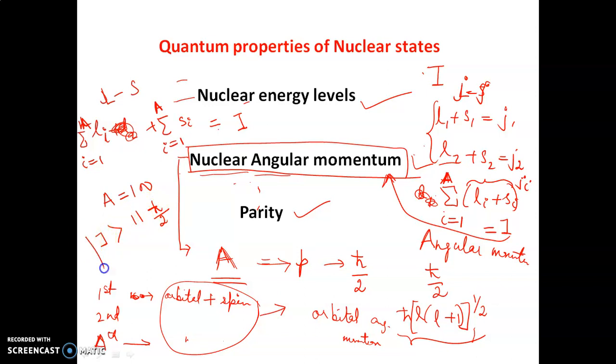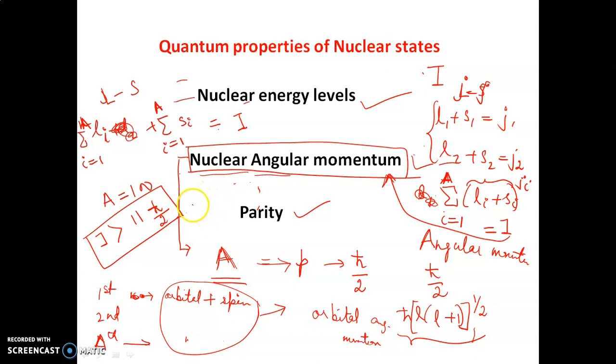That actually puzzled the scientists, and they wondered why. Because heavy elements mean a lot of nucleons, each having their orbital and their spin angular momentum. So why this? This is because momentum is a vector quantity.